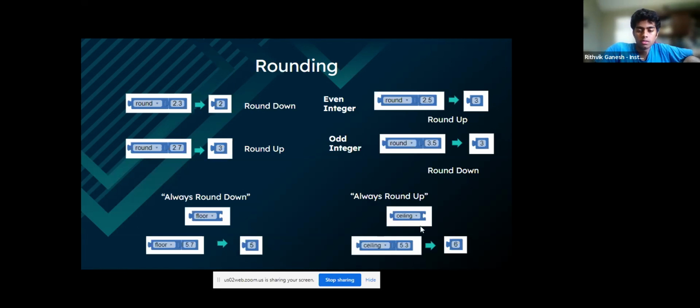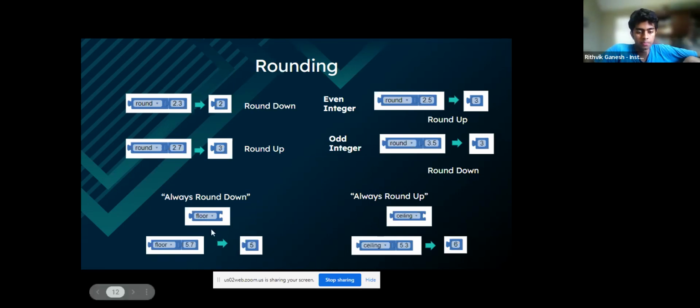Floor and ceiling are better ways to do rounding, actually, if you really think about it. The ceiling basically rounds up regardless of the tenths place, as long as it's anything greater than the whole number. Floor rounds down to the number itself.